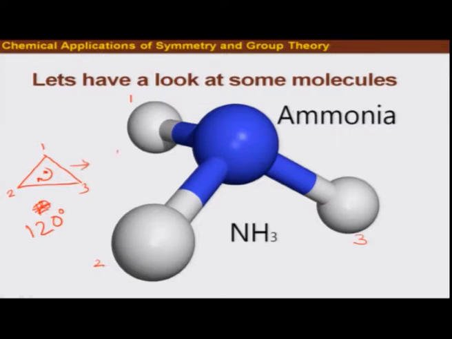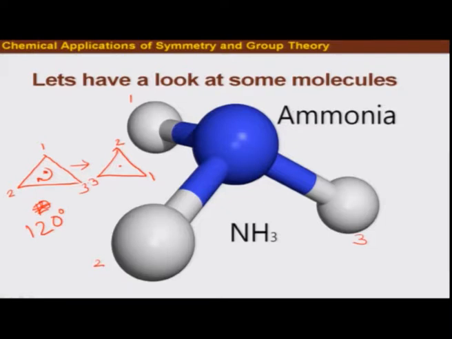I will get again a triangle, because this is an equilateral triangle. Any rotation about this center point, if I give a 120 degree rotation, then I will get again an equilateral triangle. So, here if I give a rotation which is clockwise, then what will happen? This 1 which earlier was in the top will now come here, 2 will go here and 3 will come here.